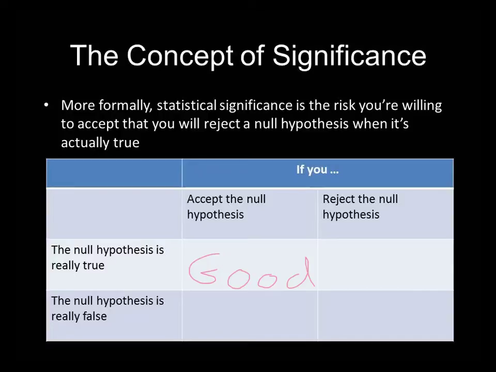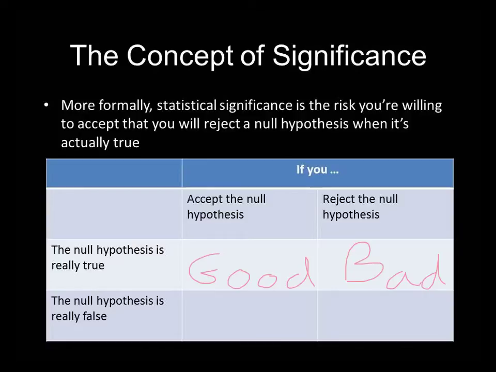If we reject the null hypothesis, we say there actually is a difference with regard to these managers, getting back to my example, and the number of meetings they have. If we reject the null hypothesis, but it turned out to actually be true, then that's bad.